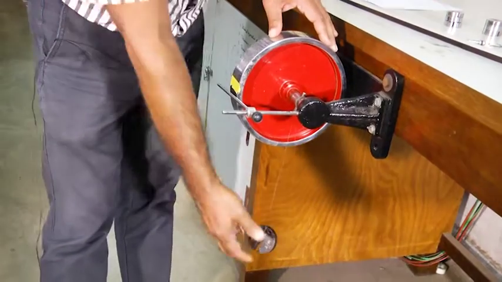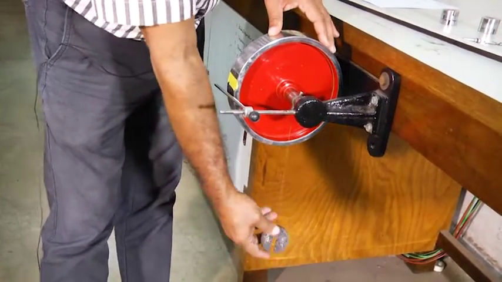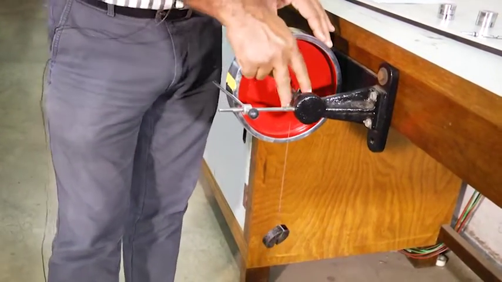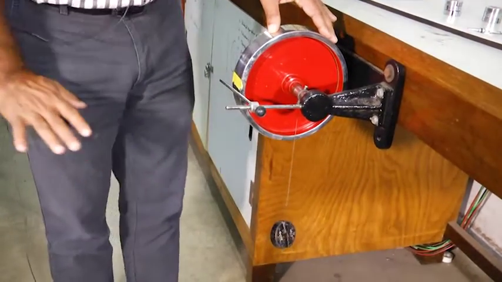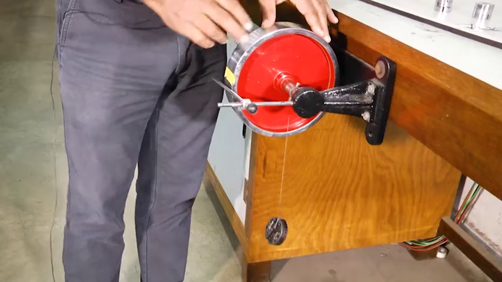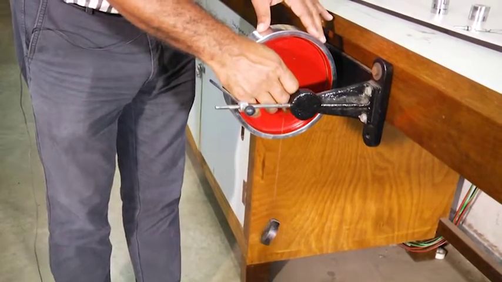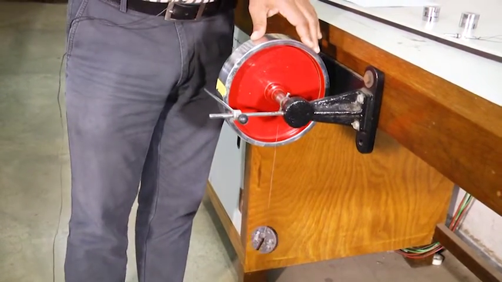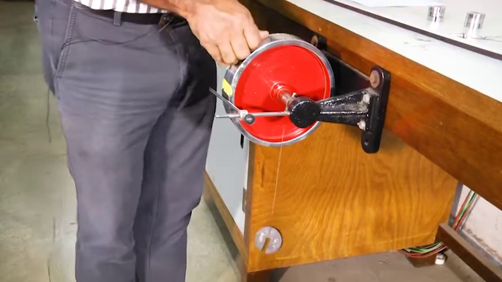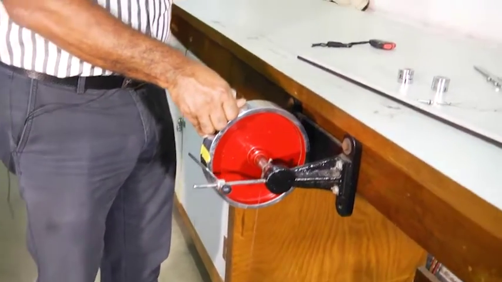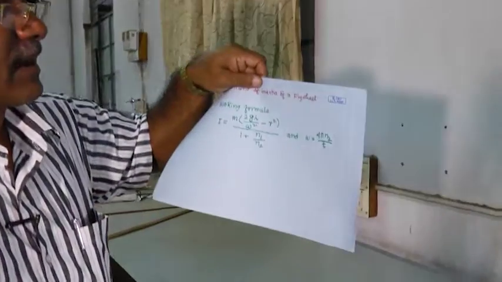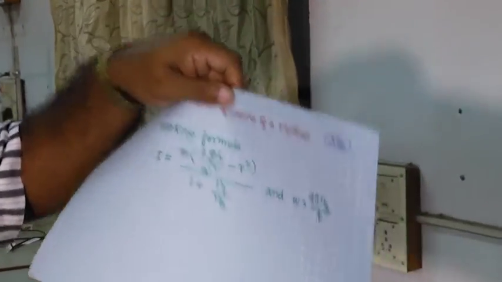Mass I know, this is 200 gram, radius we have already measured, height 54 we have measured, N1 I also know, this is 8. Now, I have to find out N2 as per the working formula, and time t. So, what is N2 and time t?